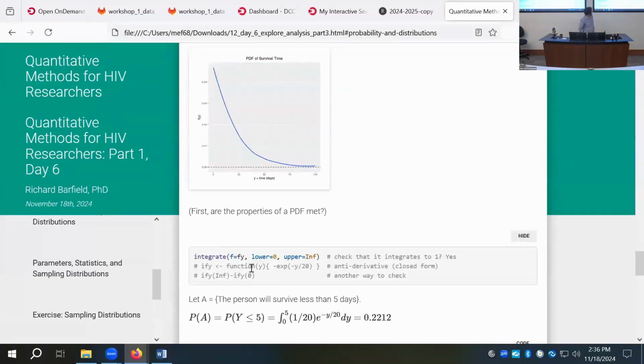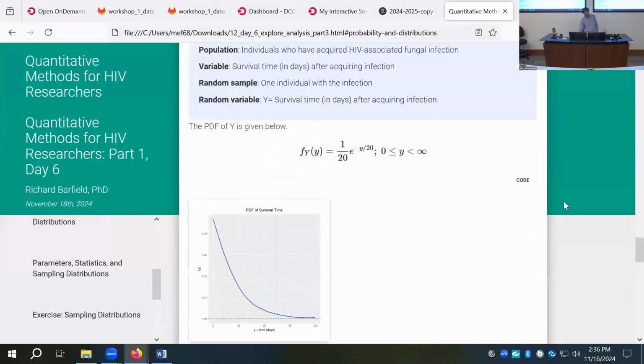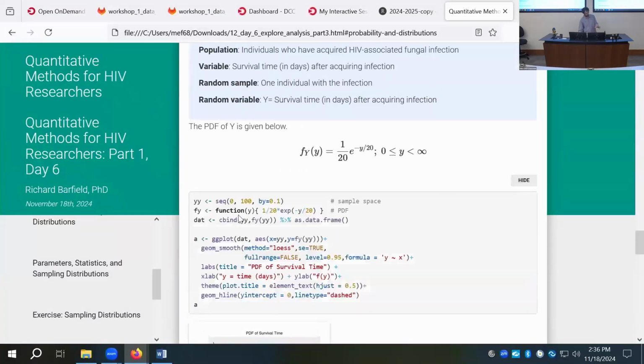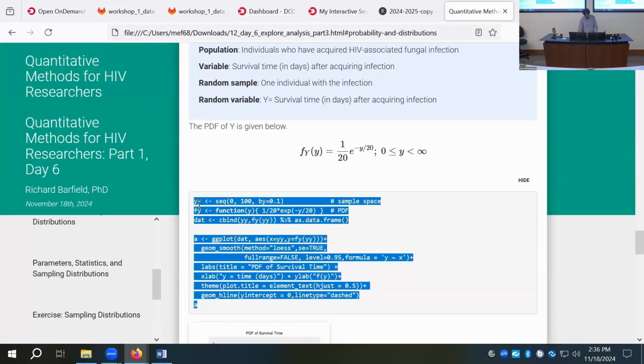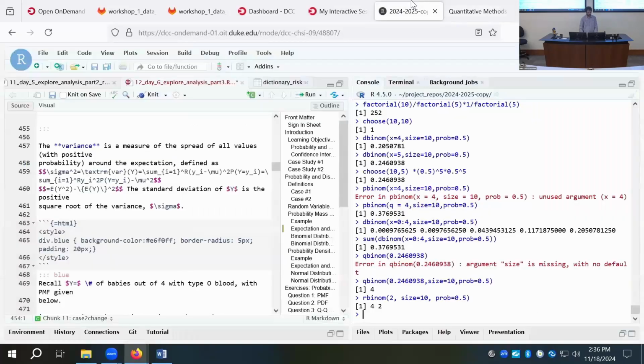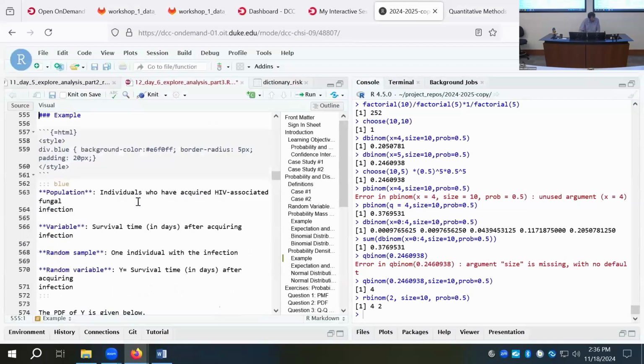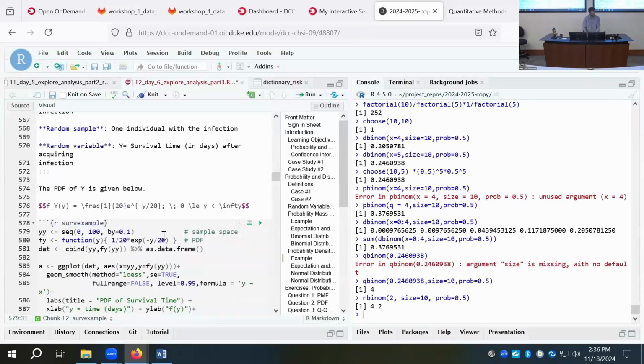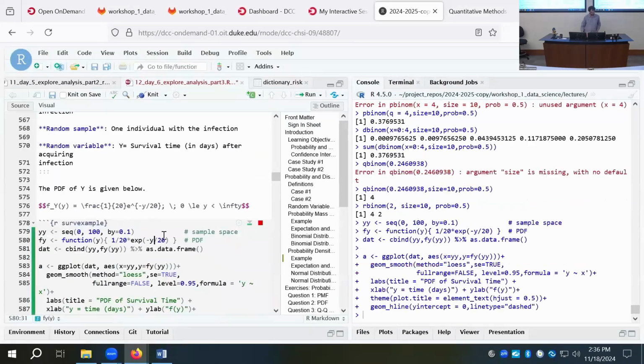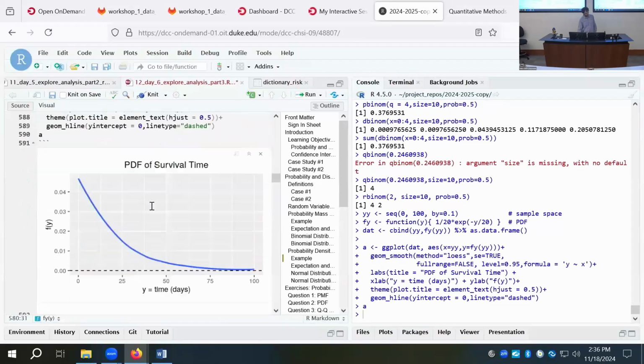The way that you can do this in R is you use the function integrate. We have our function here. So this is how that plot was made that I just showed you. I don't know why I copied it, because it's all right in here. So this will give us our function and the density.